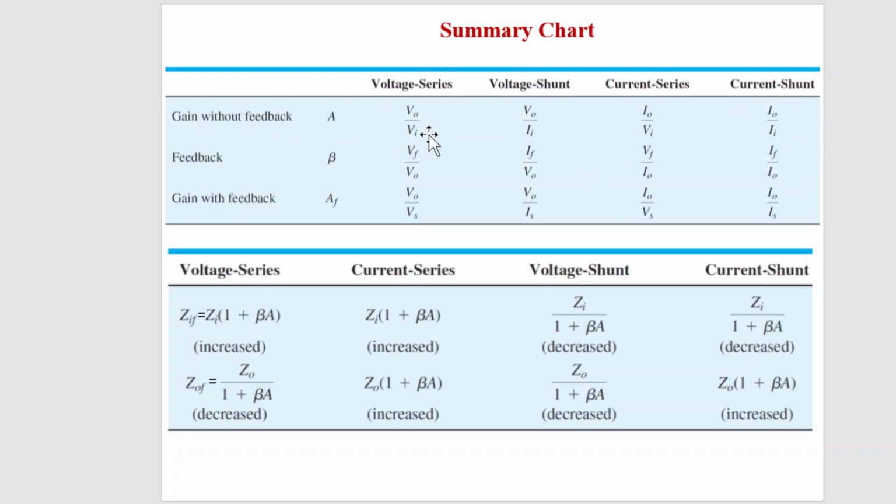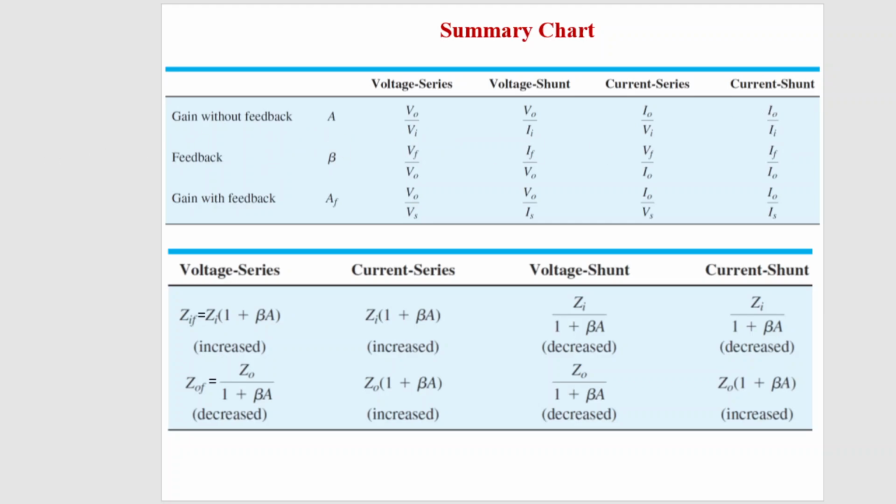Gain without feedback, obviously that is Vo upon Vi because both were voltage. And here output was voltage and input was current. So Vo upon Ii, output signal upon input signal. Here current series, we have output current and input was voltage. So Io upon Vi, and here both are current, Io upon Ii. So that was gain without feedback.